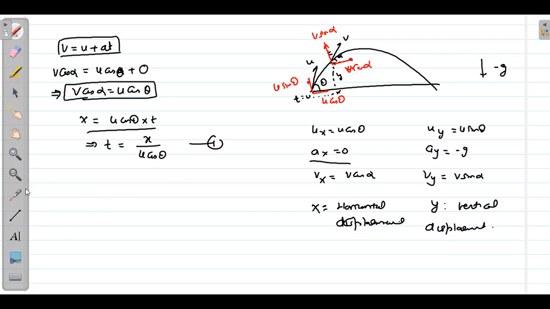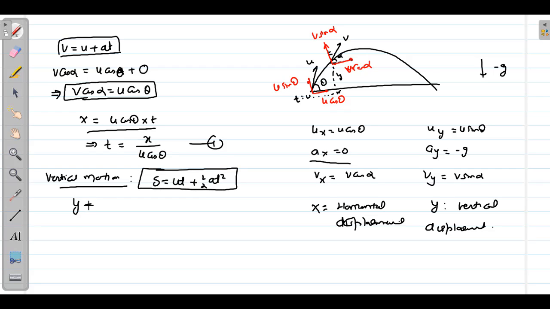Now for vertical motion, we check vertical motion. In vertical motion, we have to find the distance covered in vertical direction y using the second equation of motion, s equal to ut plus half at square. If we use this equation, then y will be taken positive because we are moving in the upward direction, so y is positive.